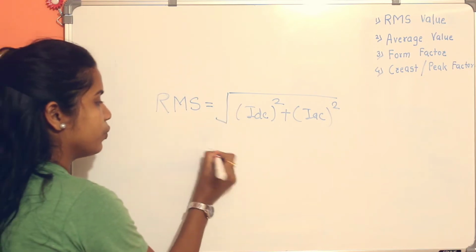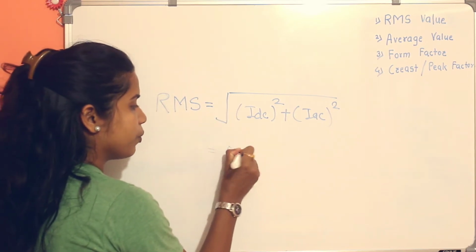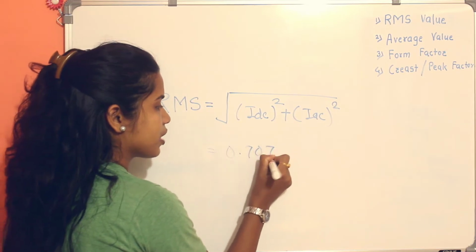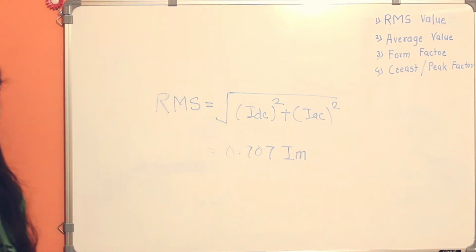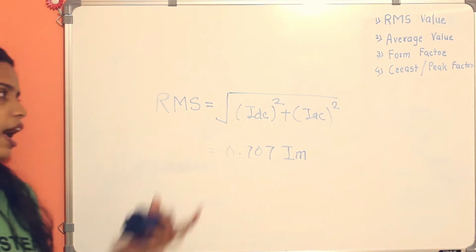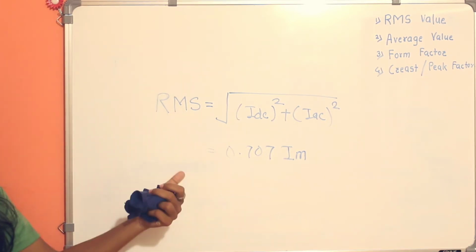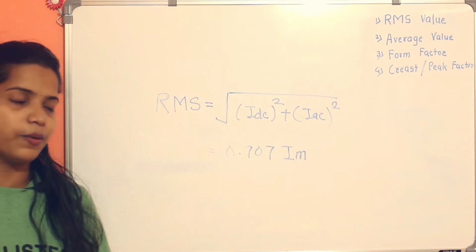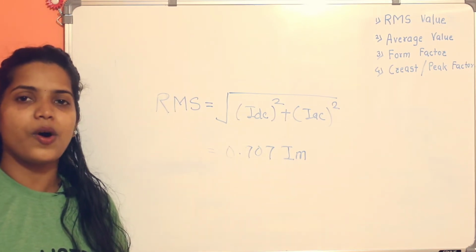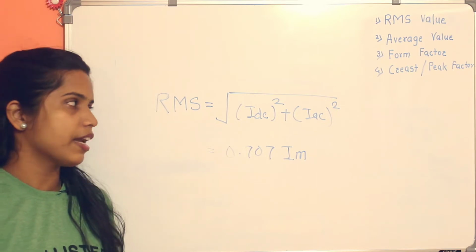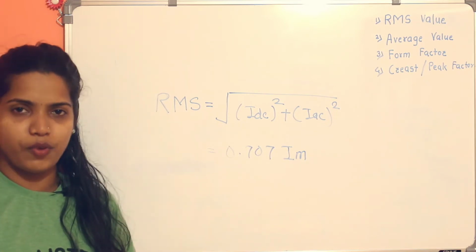Also, RMS value is equal to 0.707 times the maximum value, so 0.707 into Im. Those are two formulas for RMS value. If we know the maximum value of a sinusoidal or cosinusoidal waveform, then we can easily find out the RMS value.